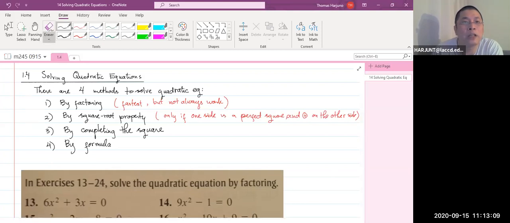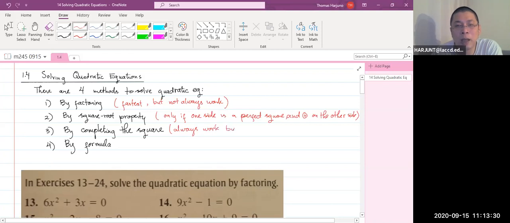Now, of these 4 methods here, the fastest one is factoring, but the thing is factoring method does not always work. Square root property only works when it has a certain pattern, and completing the square always works, but best only in certain situations.